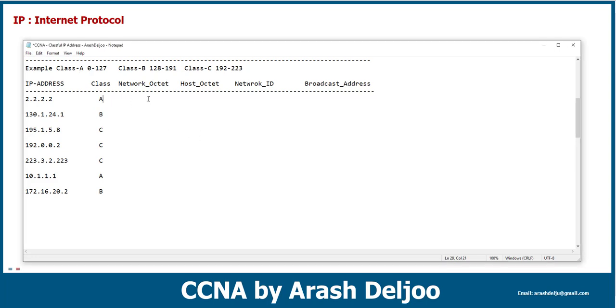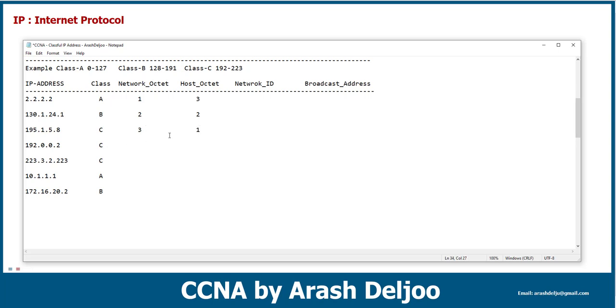Let me write here, we have 1 network octet and also 3 host octets, you know it, okay? And after that, in class B, we have 2 network octets and also 2 host octets. In class C, again, we have 3 network octets and also 1 host octet.